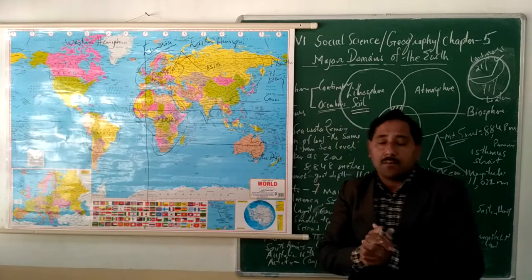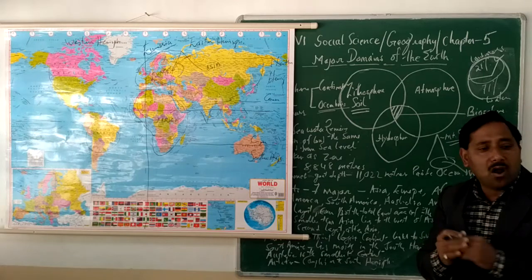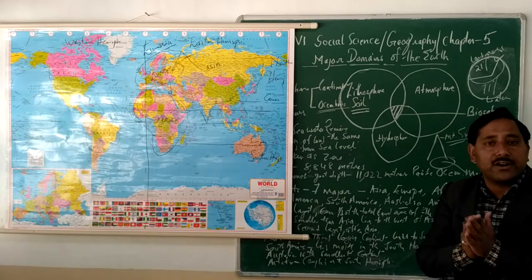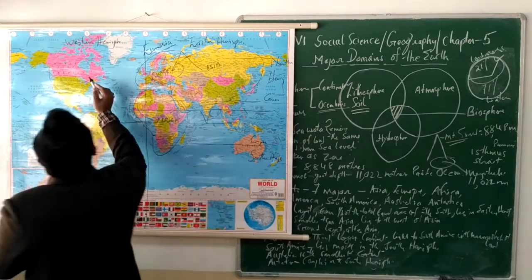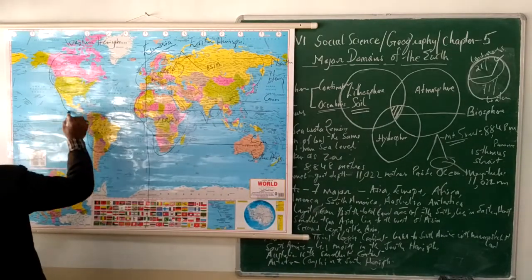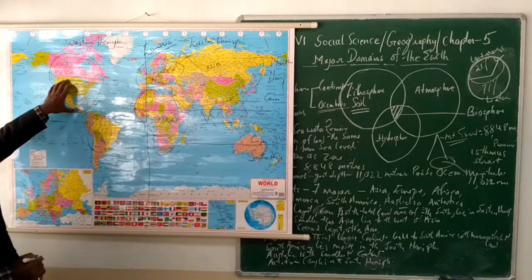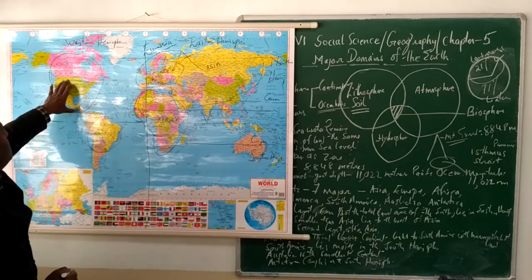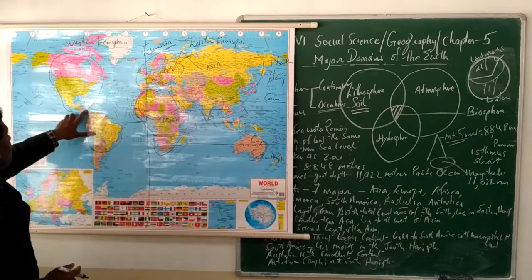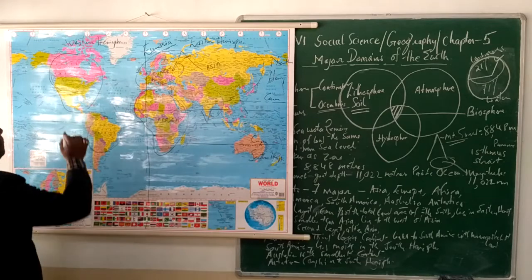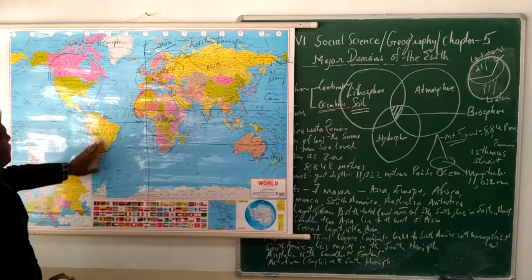Now let us discuss North America. North America is the third largest continent of the world. Look at the map. This is your North America, the third largest continent of the world. Look carefully and try to find the important thing about North America and South America.